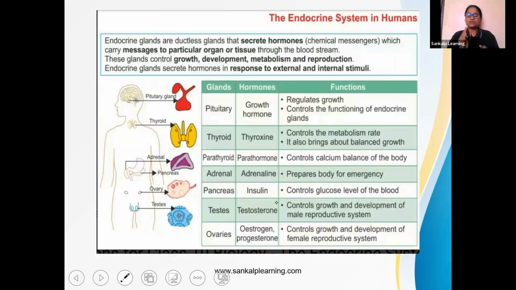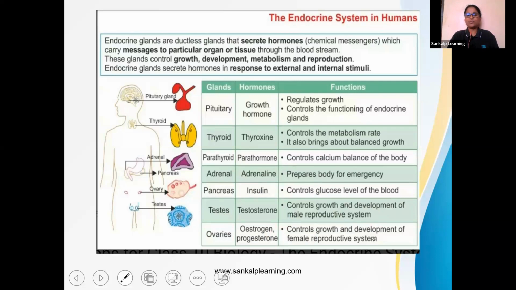It controls the growth and development of the male reproductive system. And the ovaries in female secrete hormones called estrogen and progesterone. They control the growth and development of the female reproductive system. This is about the functions and hormones released by endocrine glands.